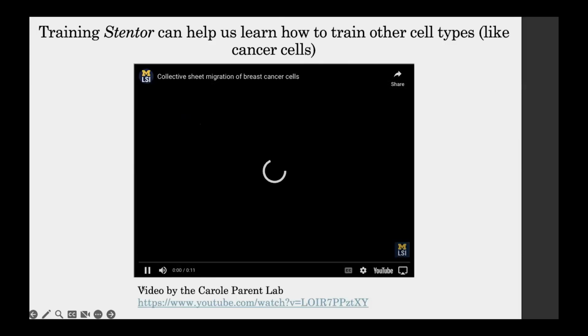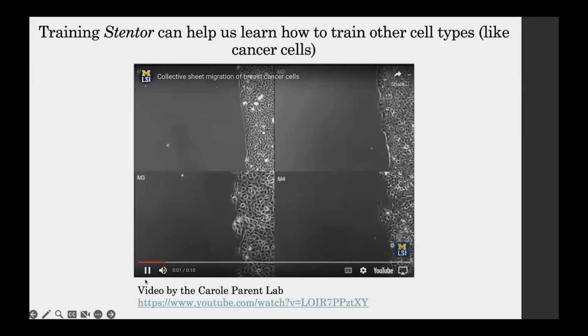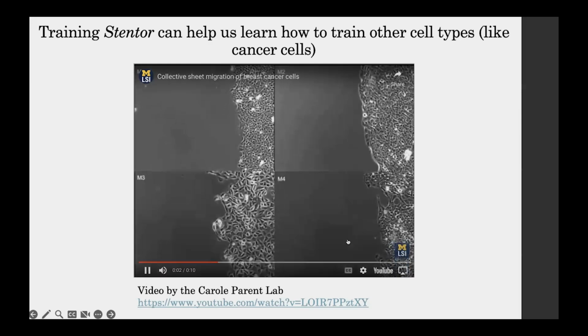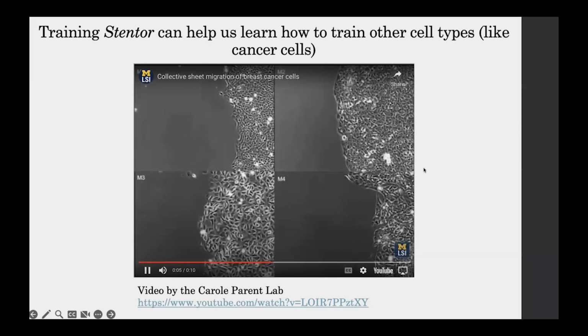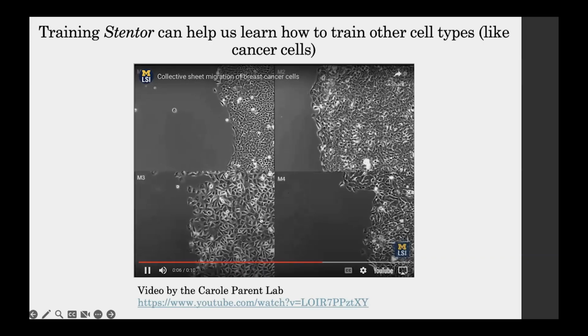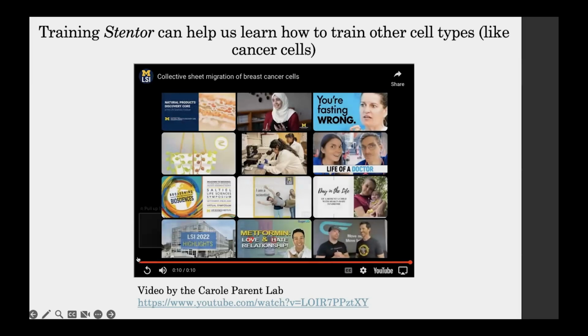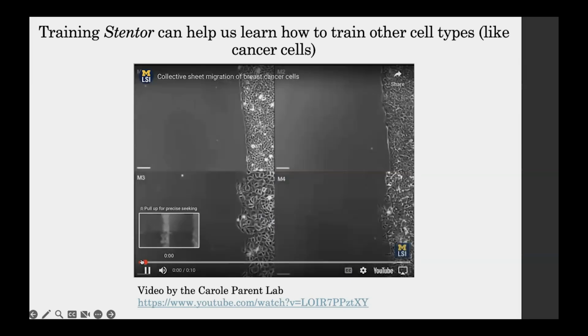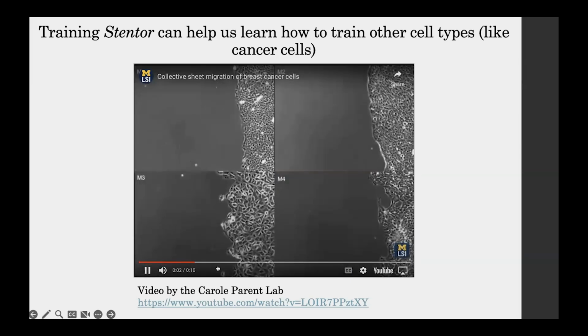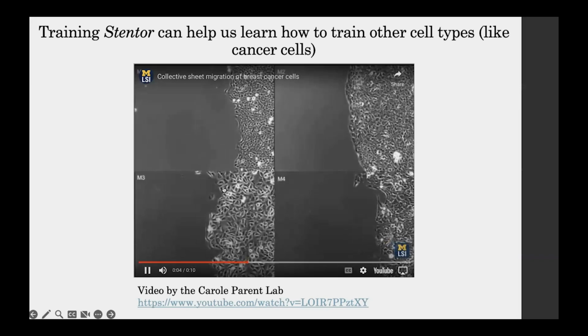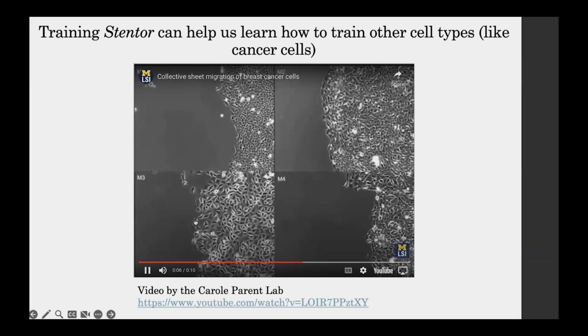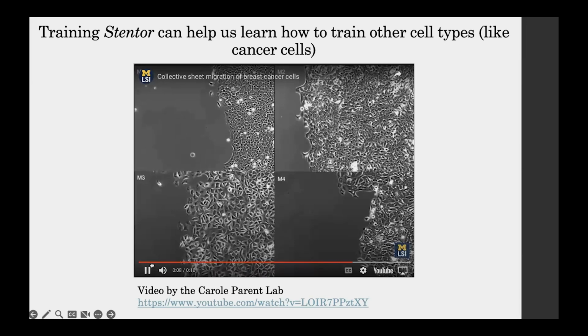They can also help us learn about how to train cancer cells. Here we have breast cancer tumor cells that are progressing. They're migrating as a sheet. Cancer is obviously terrible, and we're still trying to figure out how to curb the progression of some of these tumors.